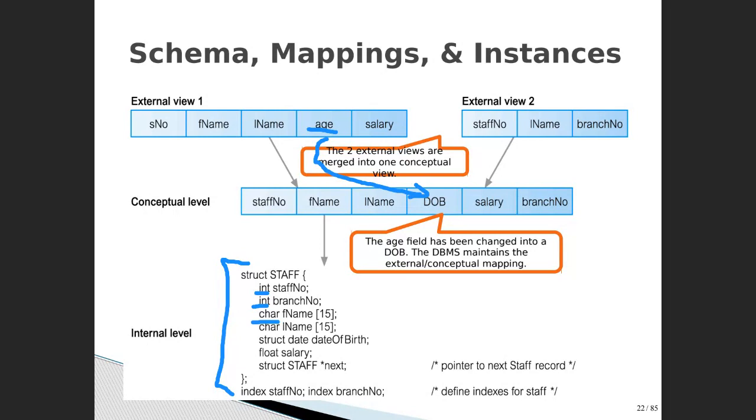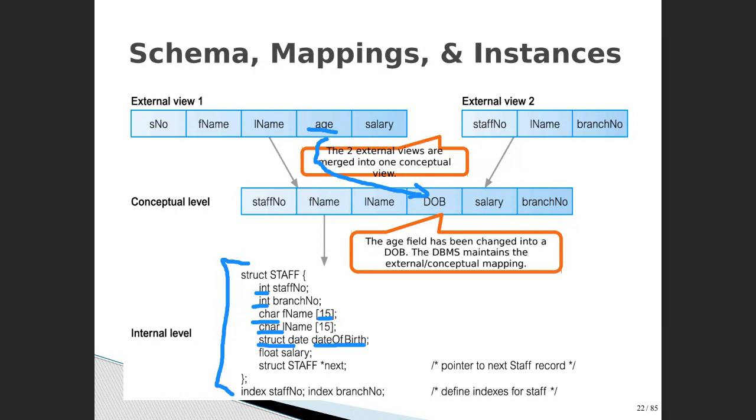Char, first name, how many characters? 15. So it specifies the size or the length of the name entered, specified here internally. Same with the next one, the last name, 15 characters, the structure, date of birth. So this is date. It will be formatted as date.